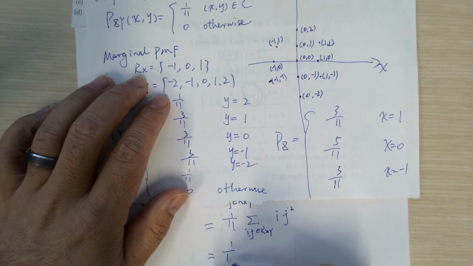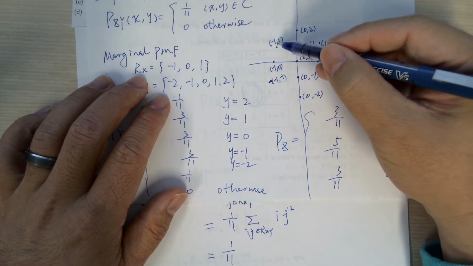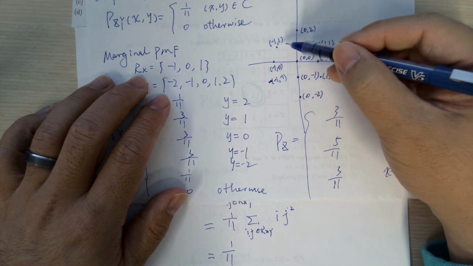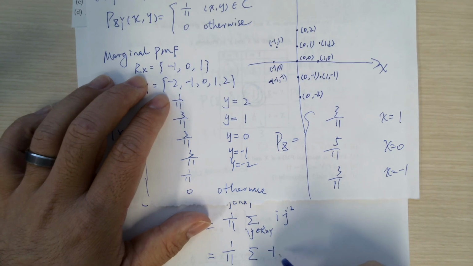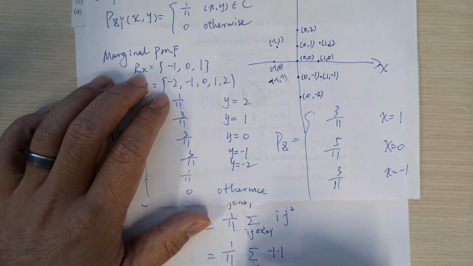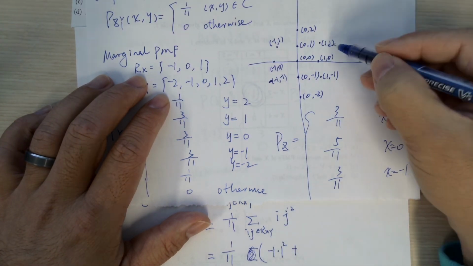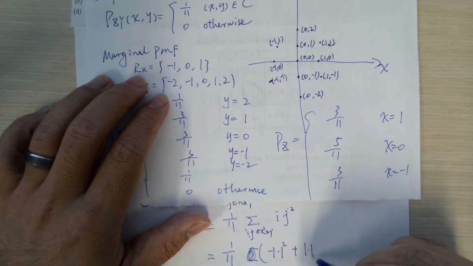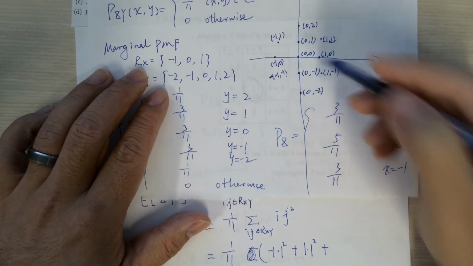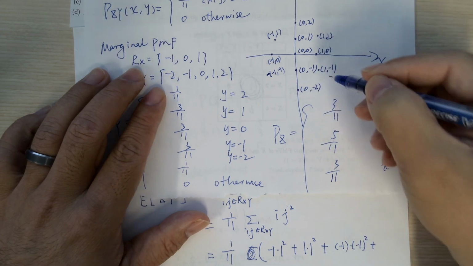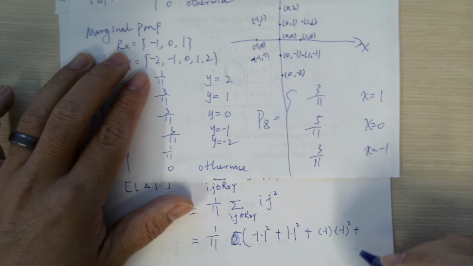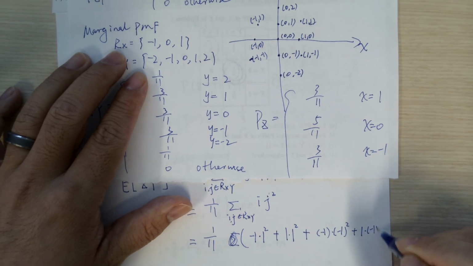So all we need to do is check when X equals -1, Y equals 1, so we have -1 times 1 squared, plus 1 times 1 squared, plus -1 times -1 squared, plus 1 times -1 squared.